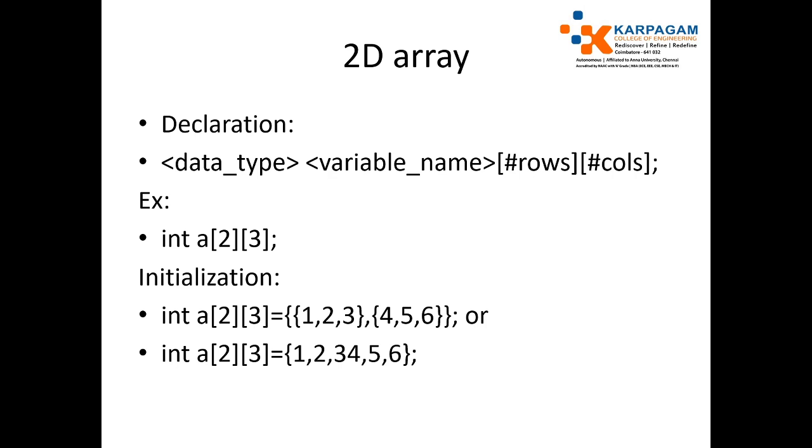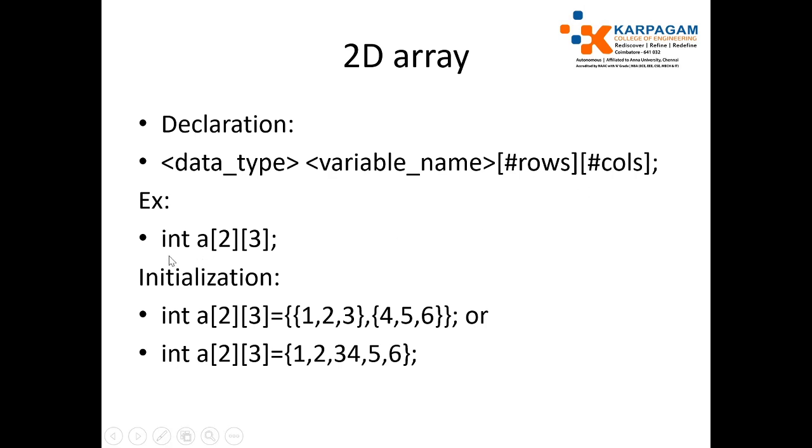This is the general syntax for declaring the two-dimensional variable. You have to specify the data type, followed by the variable name. Then inside the square brackets, we need to specify the number of rows, number of records, and number of columns. It is also called the number of elements that each and every record possesses.